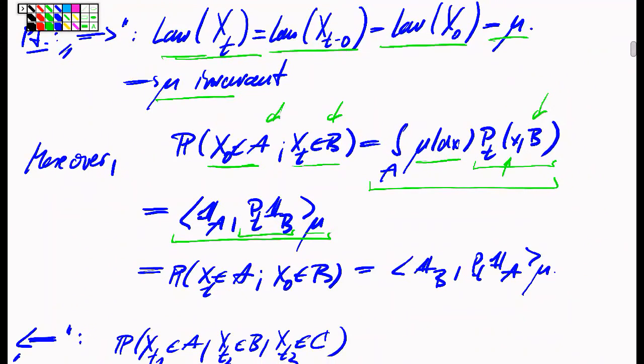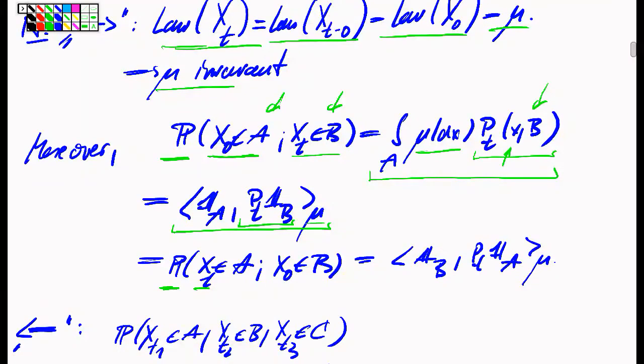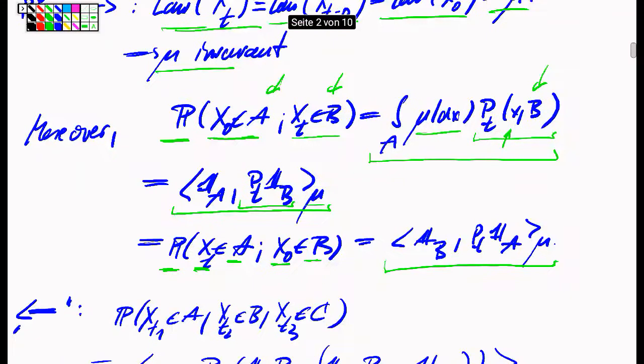Well, and again, by time inflection, we know that the probability that we started with is just as good as if we do time inflection with respect to the time point capital T equals little t. So therefore, this probability is the same as if we ask that at the time little t, the process is in the set A, and at initial time, the process is in the set B. And by the same considerations, we obtain this expression here, which is just writing out this probability in terms of our transition function and the initial law.